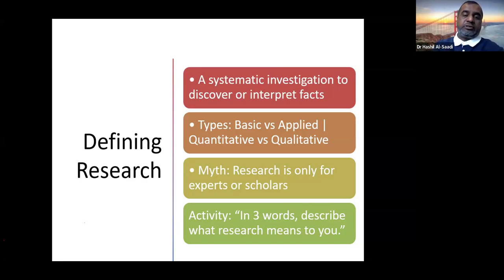Rigor is an important concept in research, and we expect you to follow certain procedures in your way, of course, in a way that I, as a reviewer of your research, can follow the procedures, and you can provide me with justifications for your actions, for your decisions, and so on.